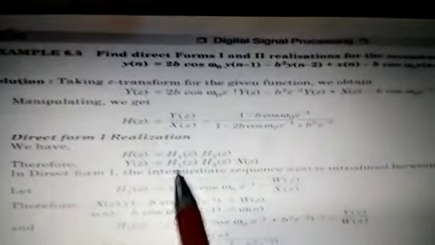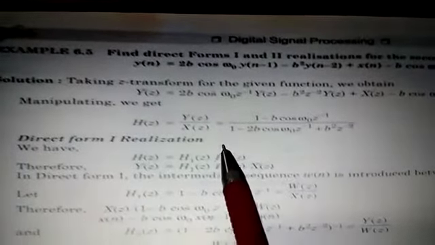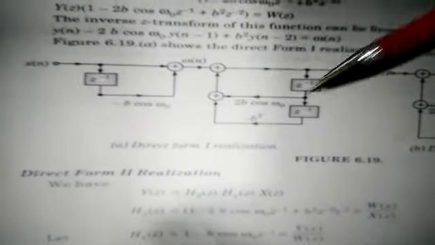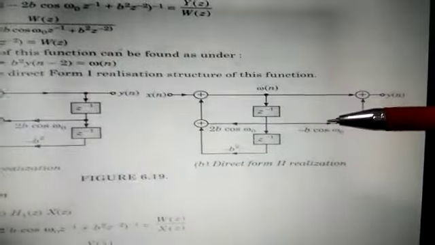To implement this given difference equation into a filter structure, we will see in terms of direct form 2, and later on we will compare with direct form 1. This is direct form 1 structure, this is direct form 2 structure.